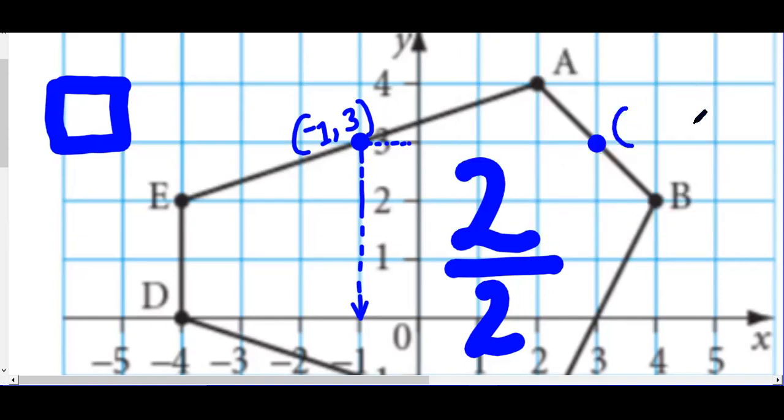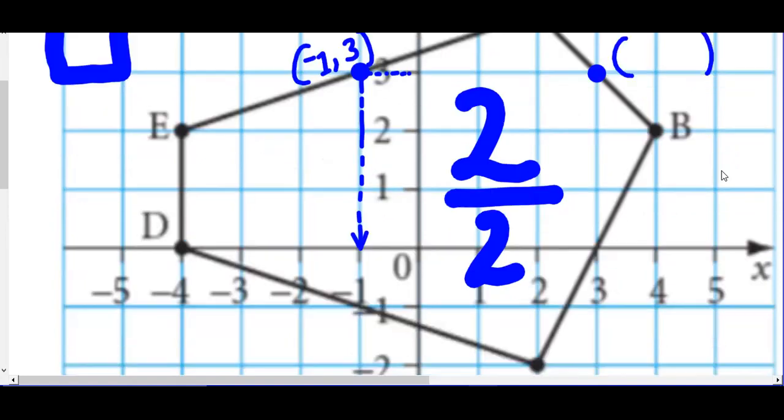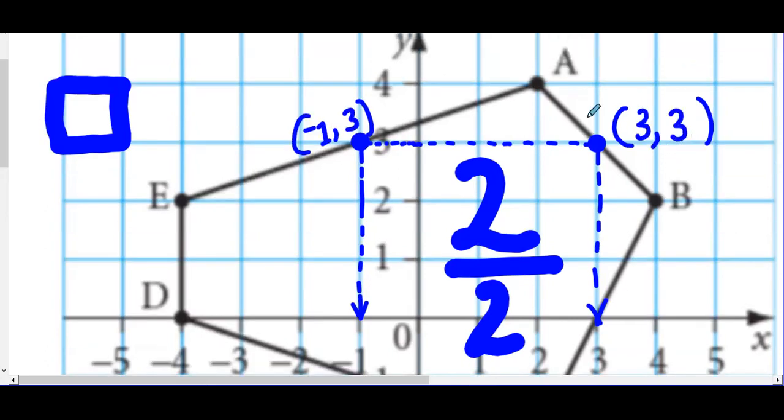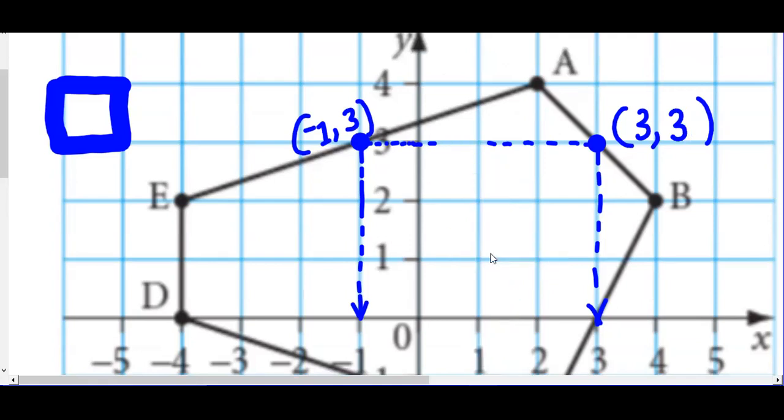Scroll down, the midpoint will be the coordinates. You start recording the value of x. The value of x is 3, so you put 3, comma, and then you record the value of y. So the midpoint will be 3,3. So you're done. Okay.